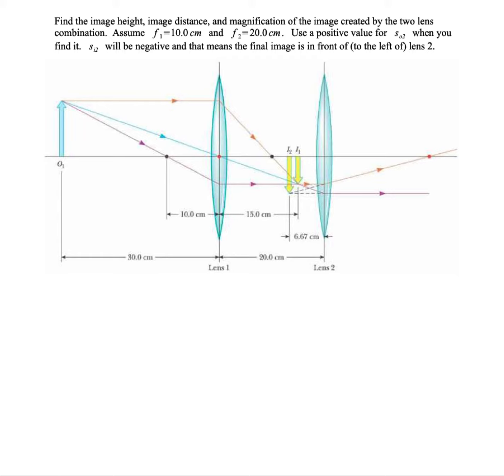But then what's going to happen is that image I1 will be used as the object for lens 2. So there's two parts to solving this. We want to start with lens 1. One of the formulas we had used in the past was the thin lens formula, and we just want to apply it to lens 1.